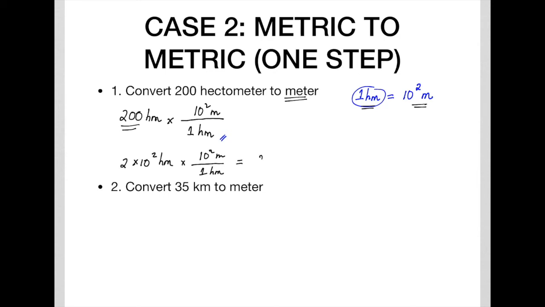That is simply 2 times 10 raised to 2 times 10 raised to 2. Solving it, we have the same base, 10 raised to something, and since that is multiplication, we add the exponents. That is 2 times 10 raised to 2 plus 2, so we have 2 times 10 raised to 4. What is the unit?